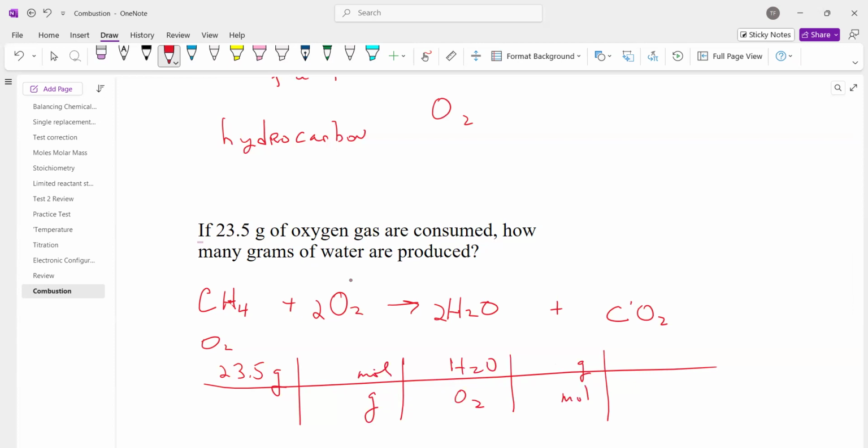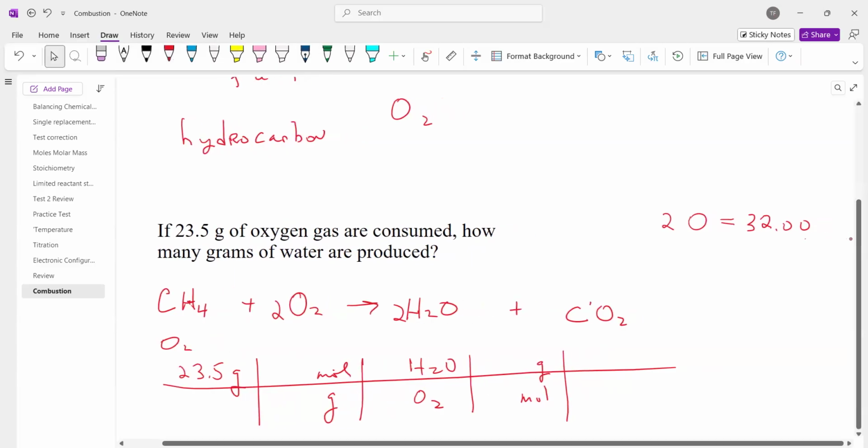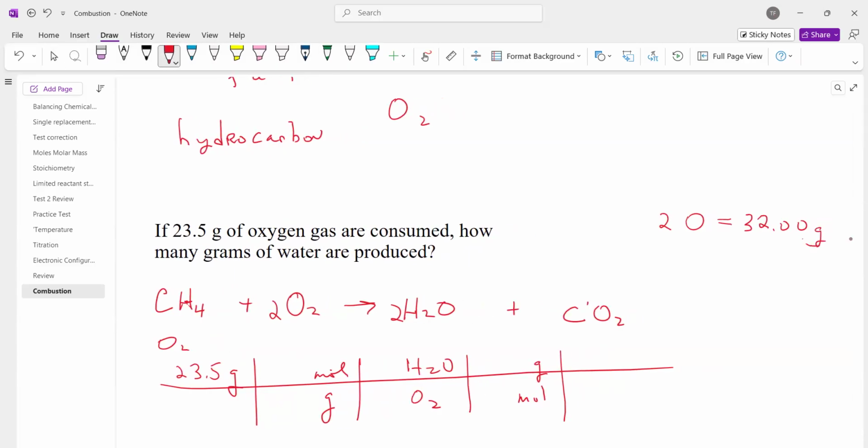Okay, so we need the molar mass for O2. Okay, oxygen is 16.00, and there are 2 of them. So that's 32 grams per mole. And then we have water, which we've already done.